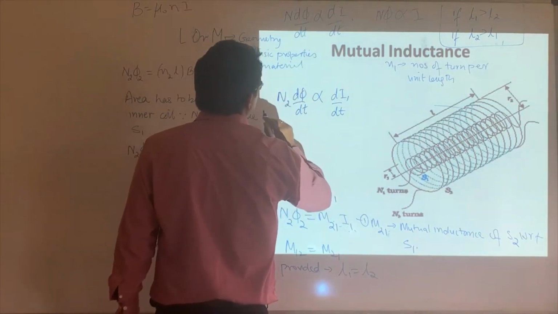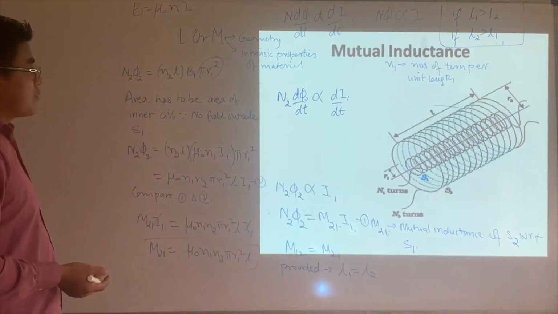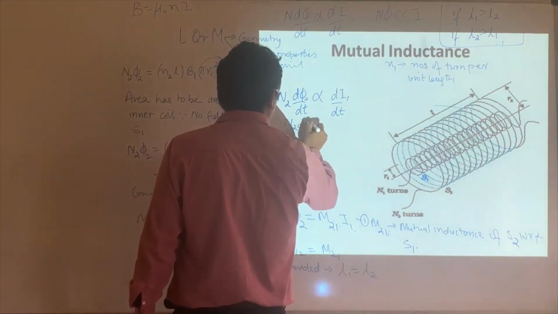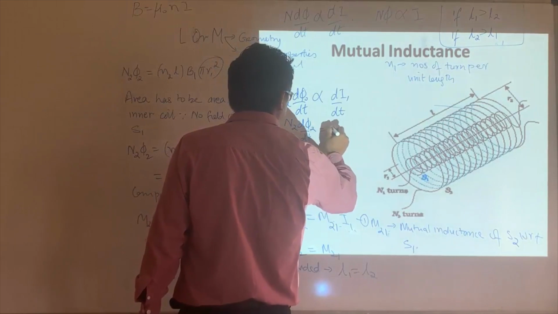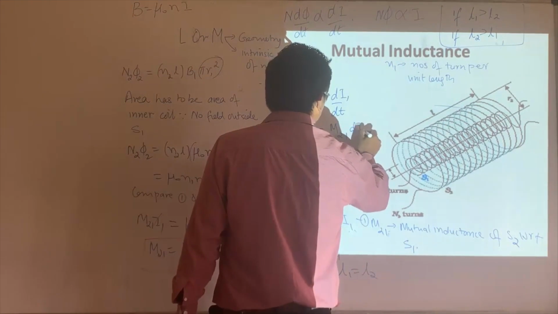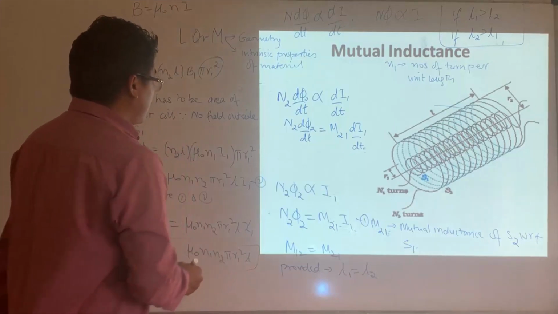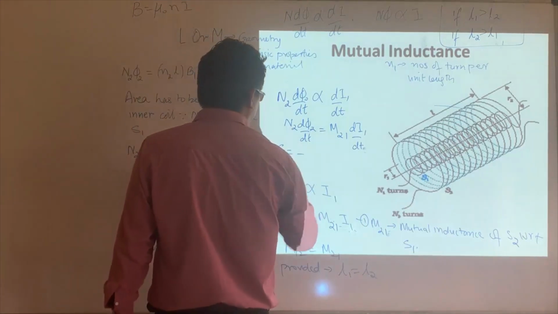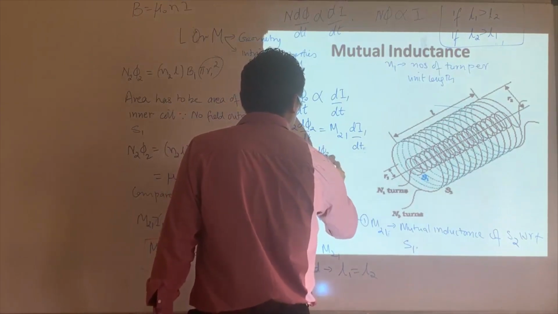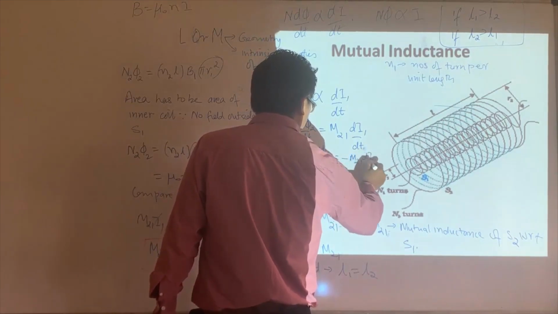So this is equal to M21 di1. So the EMF is equal to minus N2 d phi 2 by dt, which is equal to minus M21 di1 by dt.